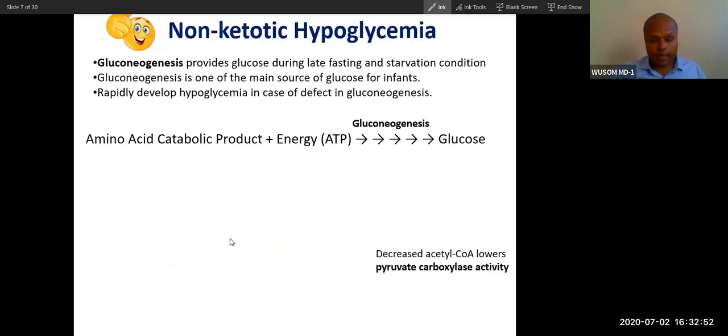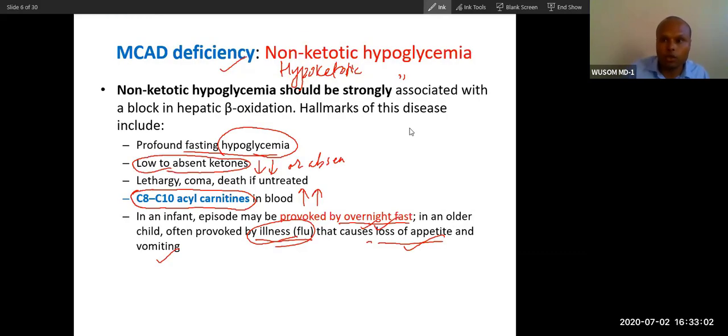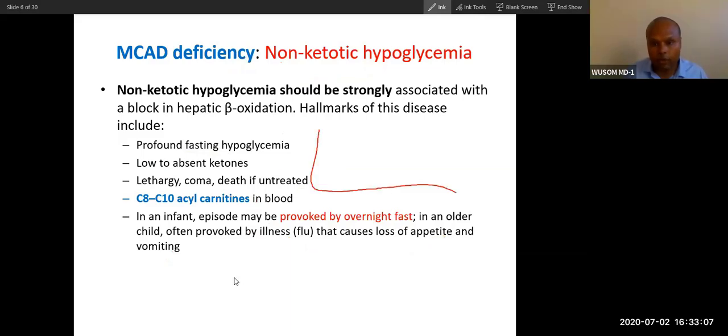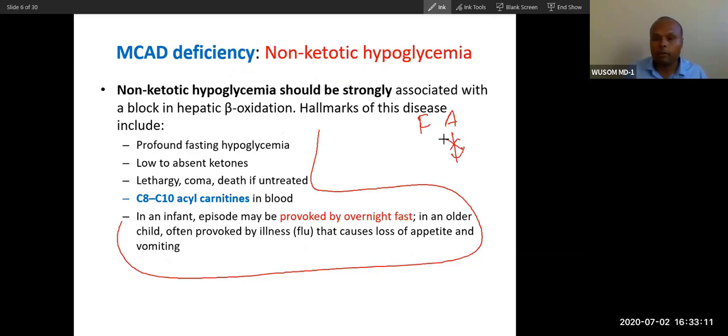So what is the cause of this hypoglycemia? Why is there hypoglycemia? You understood why there is no ketone body. It is not that difficult to understand. Why is there no ketone body? Because fatty acid is not metabolized. Ketone body is produced from fatty acid oxidation.